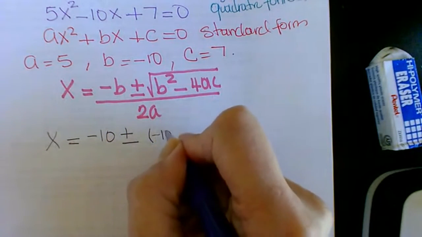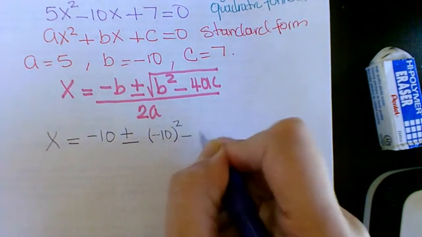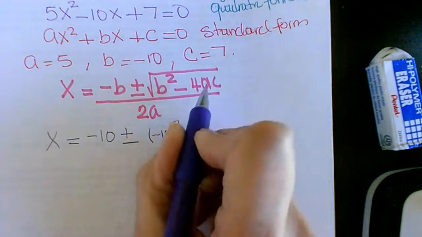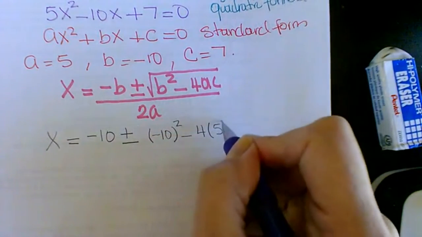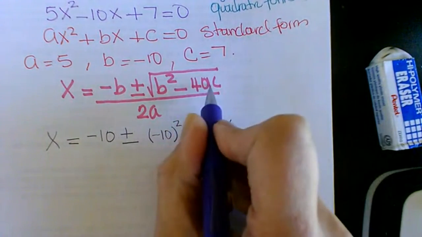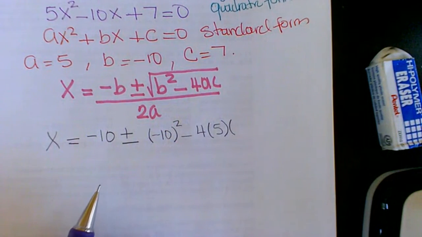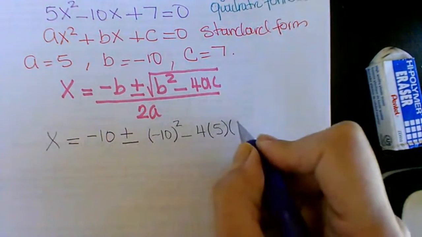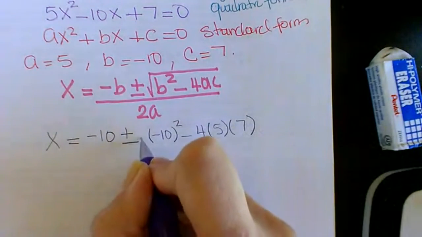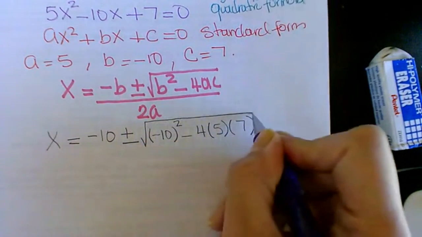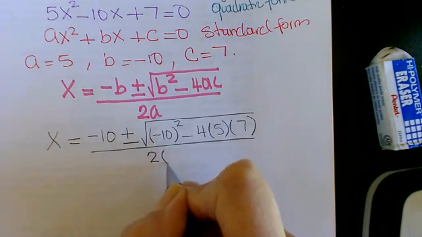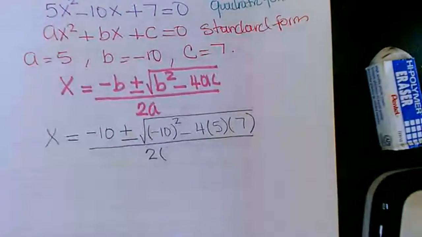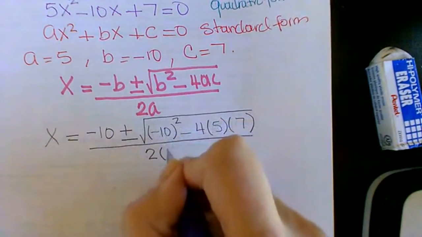Good. Negative 10 squared minus 4. Now, a is equal to what? To 5. Perfect. And c is equal to what? 7. All right. Let me do the square root here, divided by 2. And what is a equal to? 5.